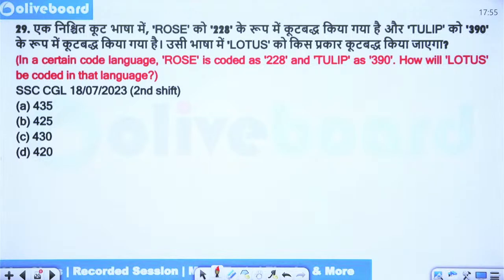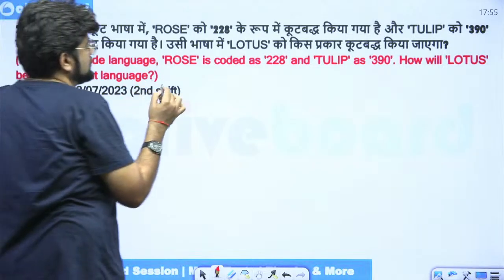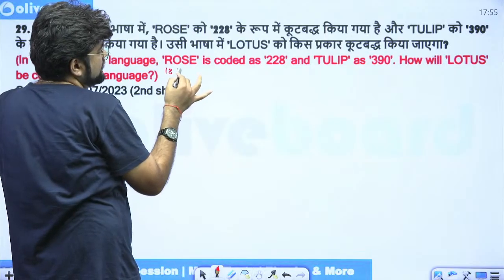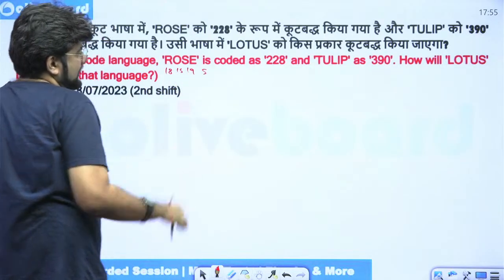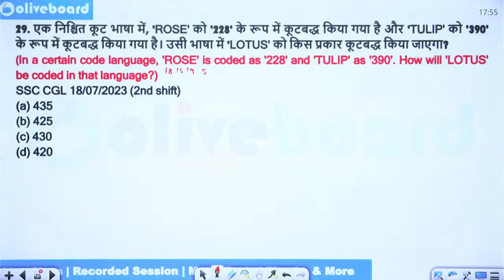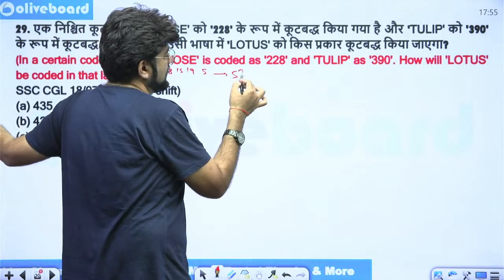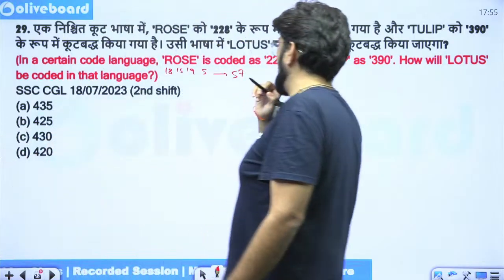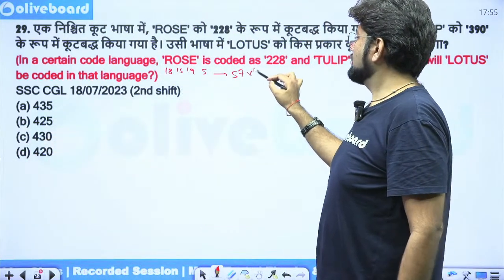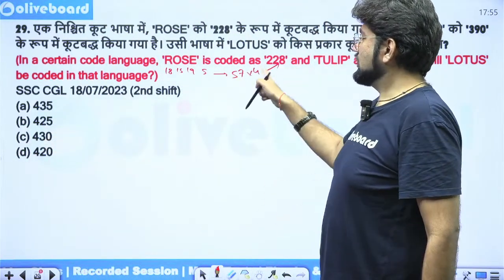Now, rose is 228, tulip is 390. That means the values are definitely somewhere multiplied. Otherwise, just by addition, you're not going to get this. So, if we just check 18, 19, 37, 37 and 27. With what do we multiply? 4, 228.